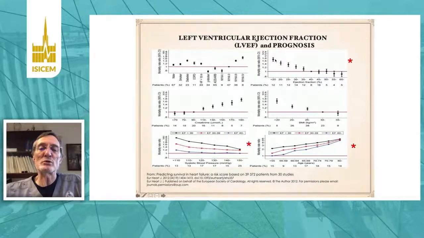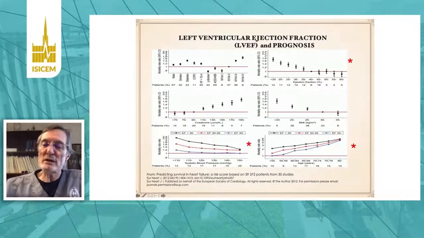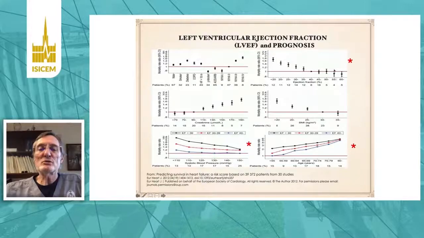In fact, it's doubled here compared to what it is here. The other interesting thing is that if your ejection fraction is above 40%, which we would still regard as mildly impaired, your mortality is not that much different to having a normal ejection fraction.